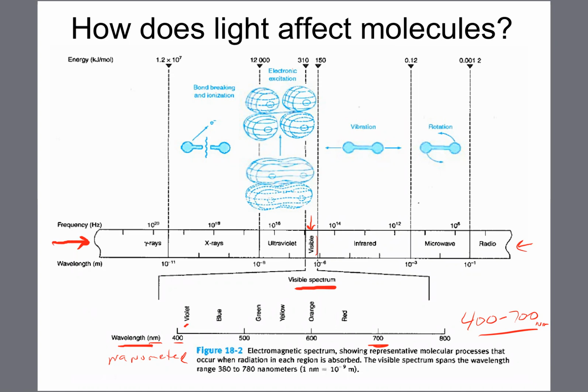Once you get to about 450 or 460, you're in the blue. About 520, 530, it's green. We perceive that as green. Once you get up to about 560, 565 or so, the light starts turning yellow. It quickly goes through orange around 590. And this whole region between 600 and 700, I usually perceive as red.